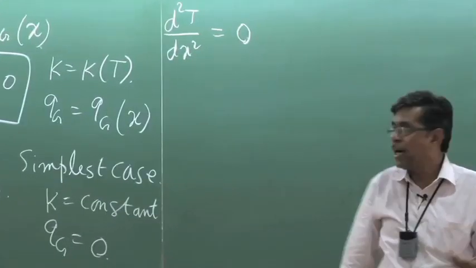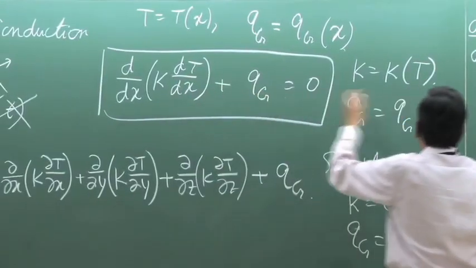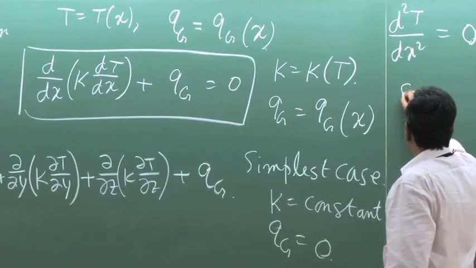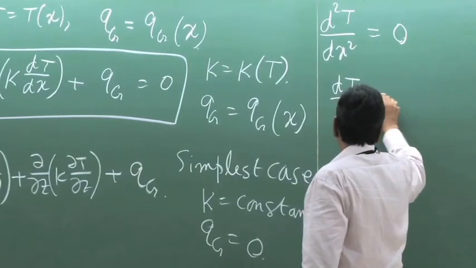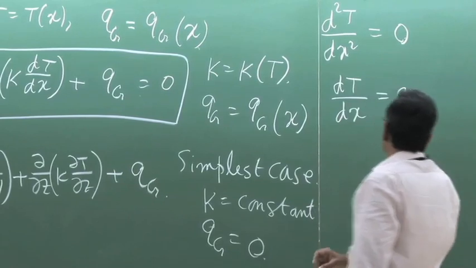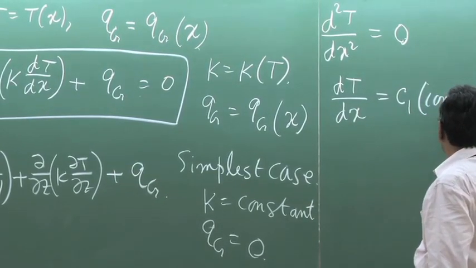This gives, because k comes out of the derivative d/dx and Qg is 0, which means that the temperature gradient dT/dx is constant. Let us denote it by C1, constant.